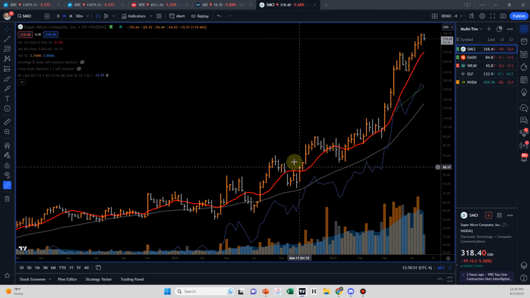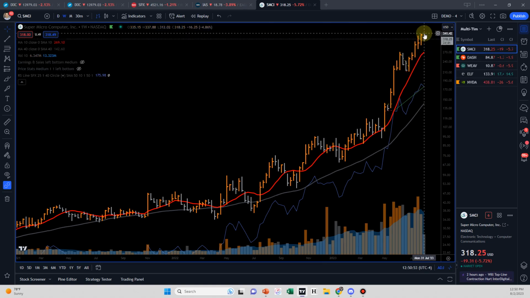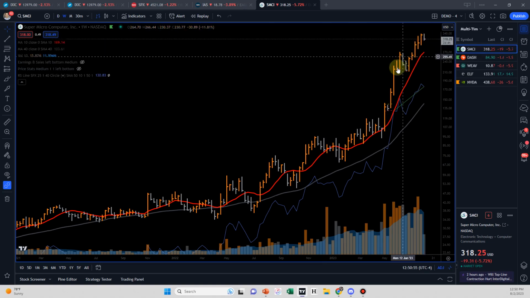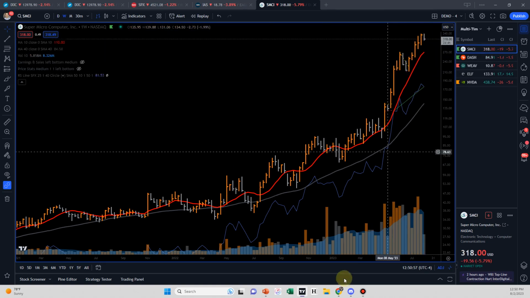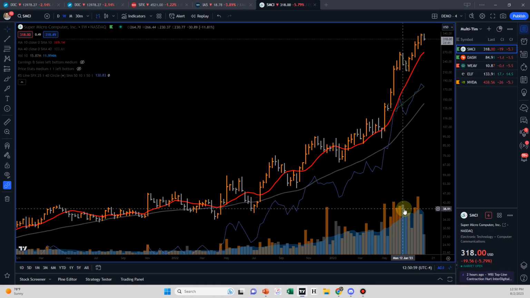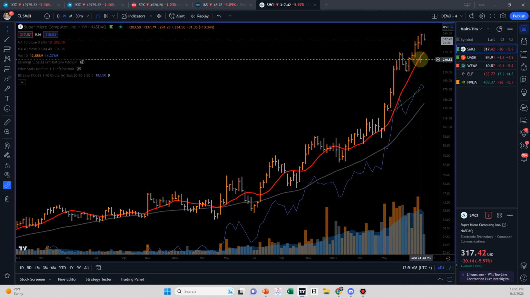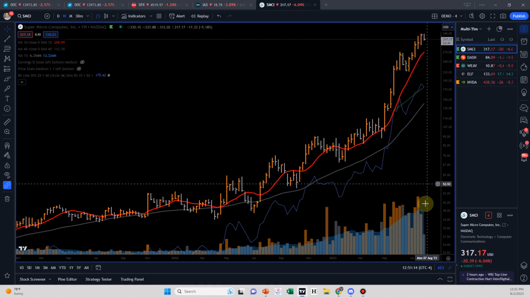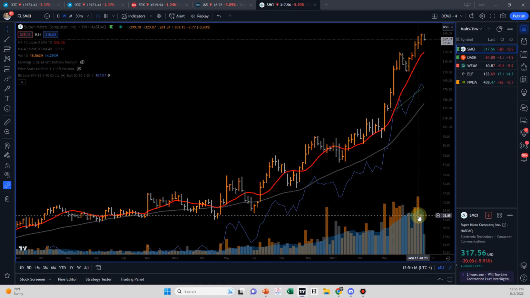From a weekly perspective, this hasn't done anything wrong yet either. It pulled back briefly on volume. It was a little bit heavier on this week, significantly lower on that week, and then price bounced, and then it's been heavy. This week was a little bit lighter volume.